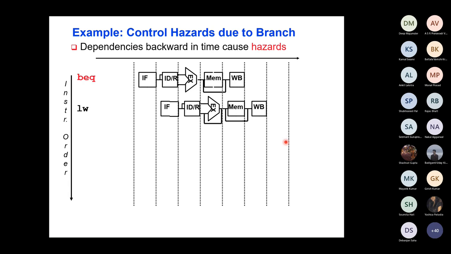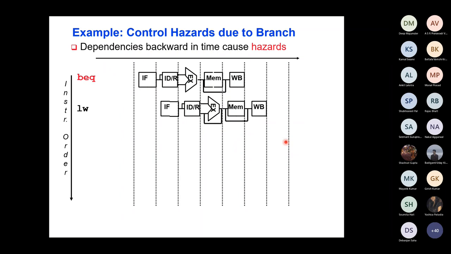When is the PC updated? You remember the previous hardware layout? In which of the 5 stages is the PC being updated?